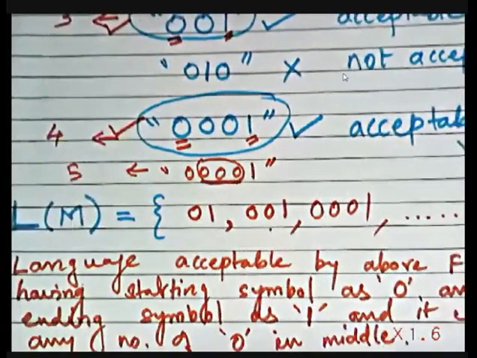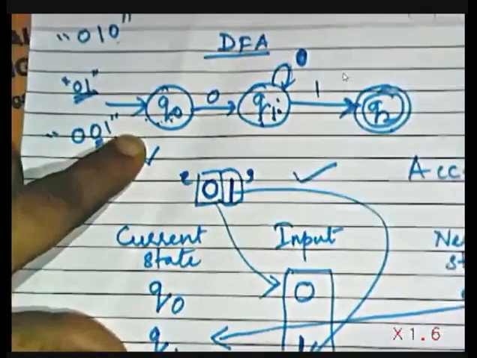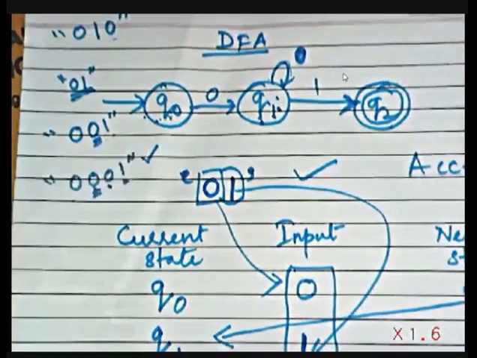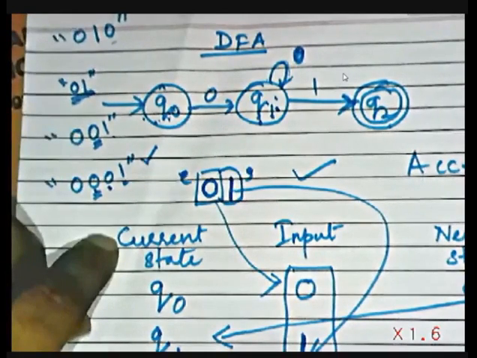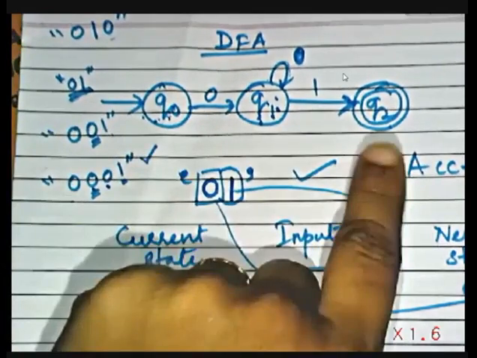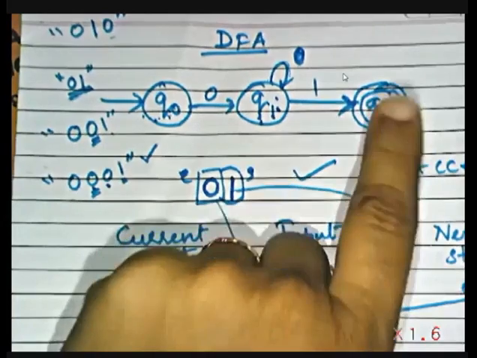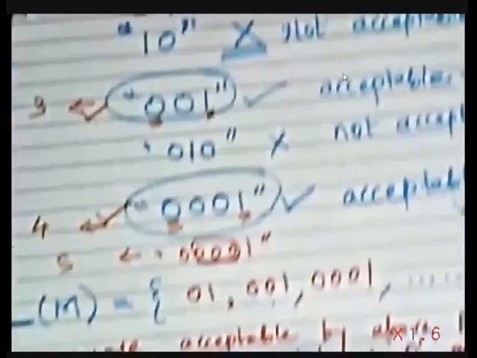Finally we can conclude that the finite automata is now acting as a language acceptor. If I give any input string to it, it can tell me whether the given input string is acceptable by that finite automata for which language it is defined.